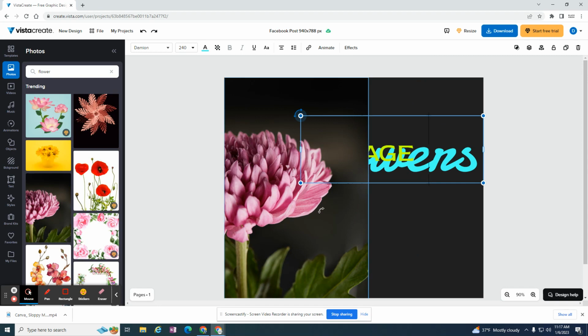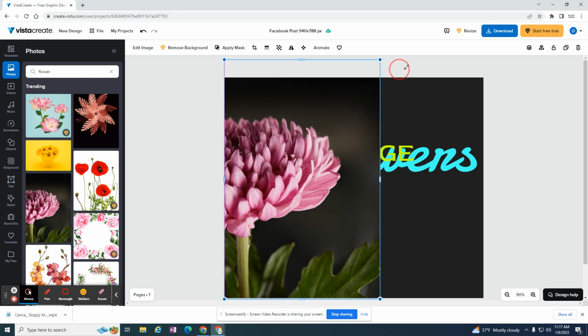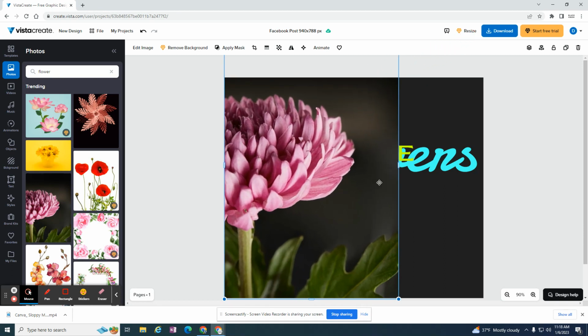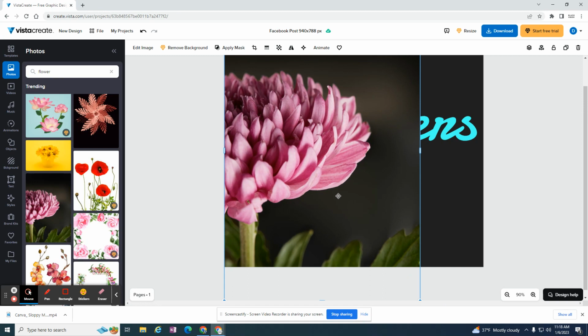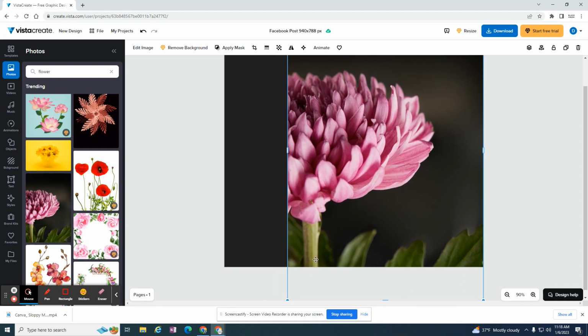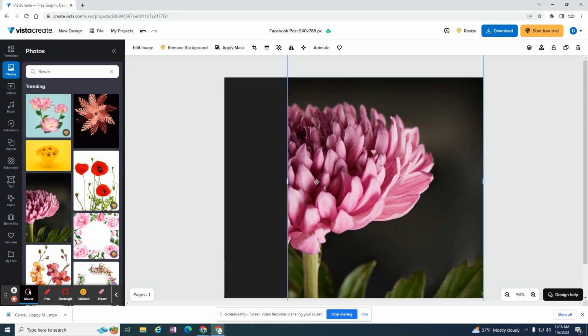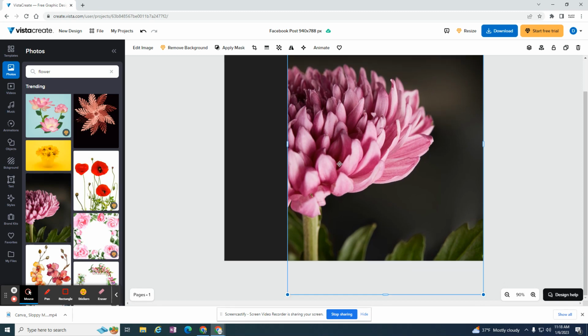Some images use the rule of thirds, which means most of this image is in two thirds of the picture, and then there's a space. And that allows me to take this picture and make it bigger. When I make it bigger, I can maybe make it fill up this whole screen and use it as a background image.